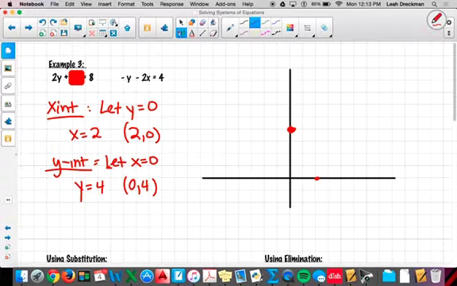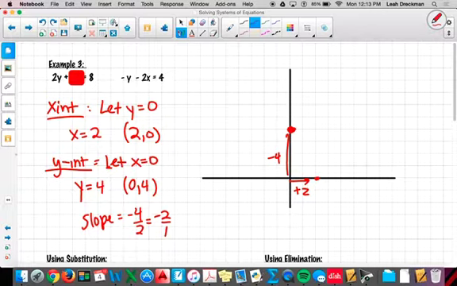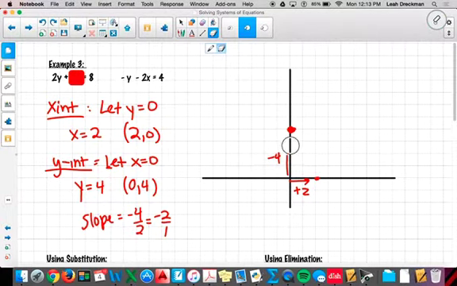And then notice my slope is down 4, run 2. So our slope is negative 4 over 2. Reduce that to negative 2 over 1. And what that does is it gives you the chance to put more points in.